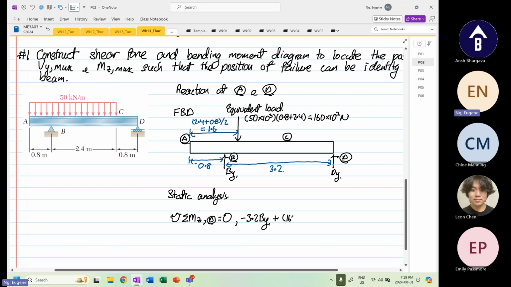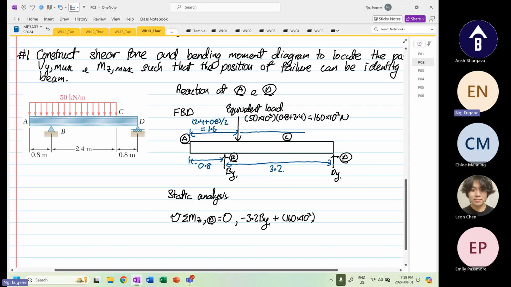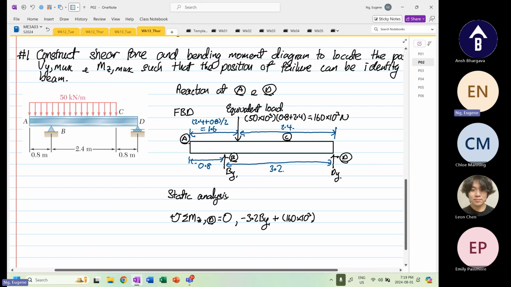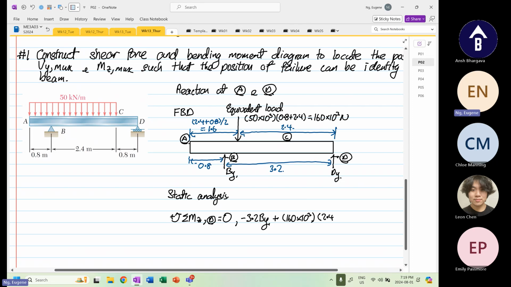Excuse me. 160 times 10 to the power 3. And I forgot another distance. Okay, I forgot this distance from here to here. So that distance is 0.8 plus 2.4 minus 1.6, which is 2.4. So from here, multiplied by 2.4.